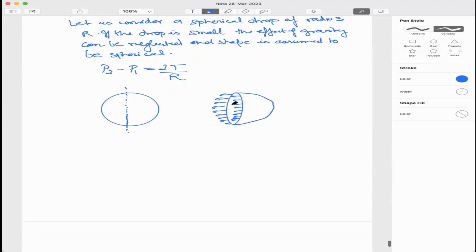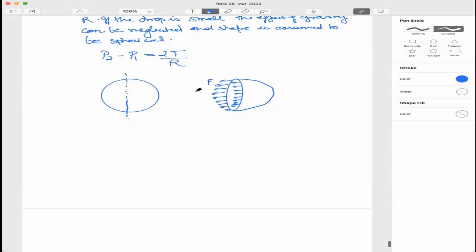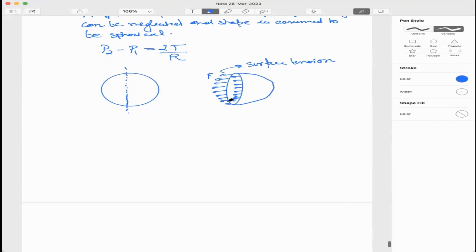Considering this area, this force is acting due to the surface tension, and if you consider this as a periphery, then this force is nothing but 2 pi r into the surface tension, that is S.